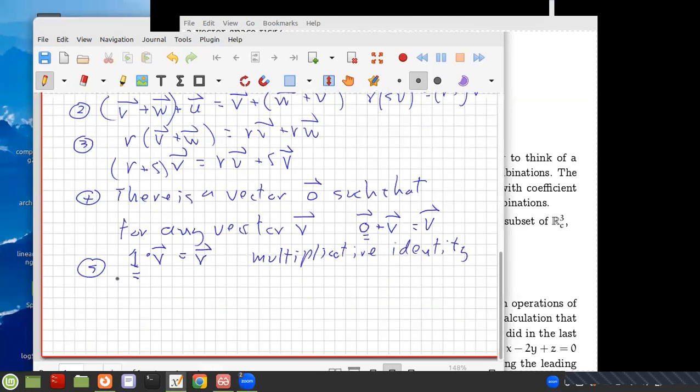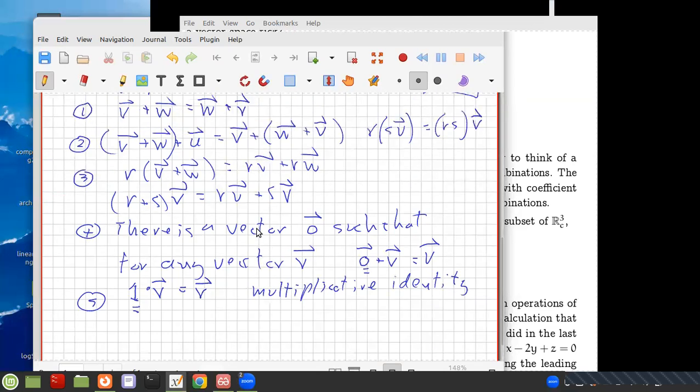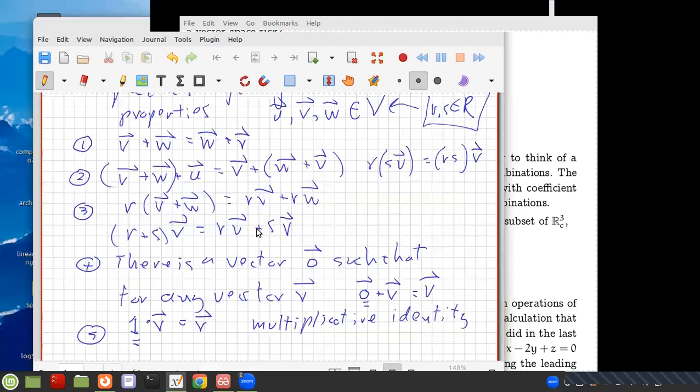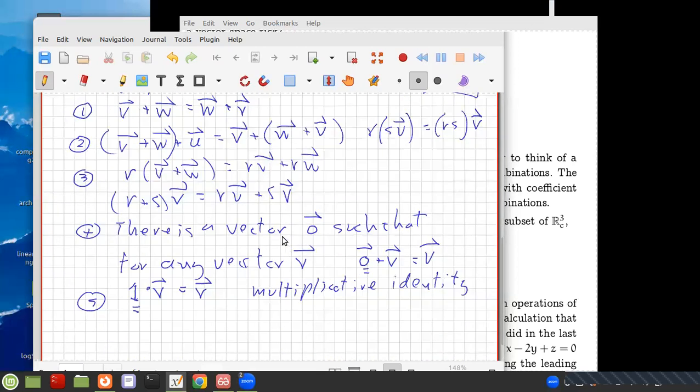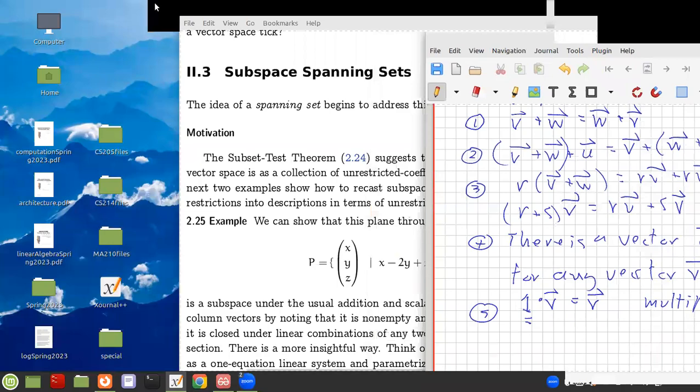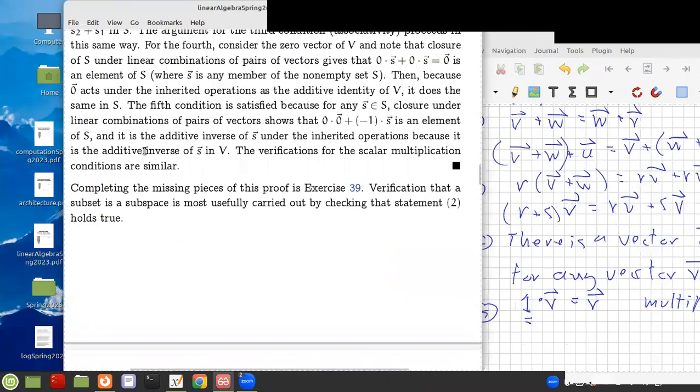And then, I'm not sure if I've left out any of the properties. There are supposed to be 10 of them, but I count 1, 2, 3, 4, 5, 6, 7. So I must have left some out. Let's look back and see.